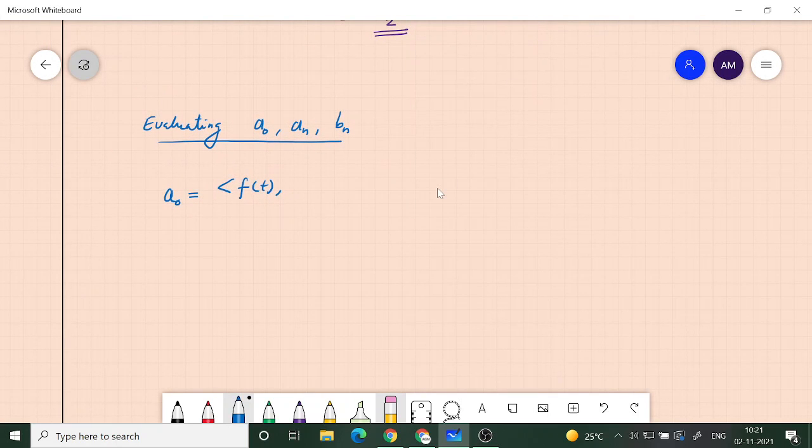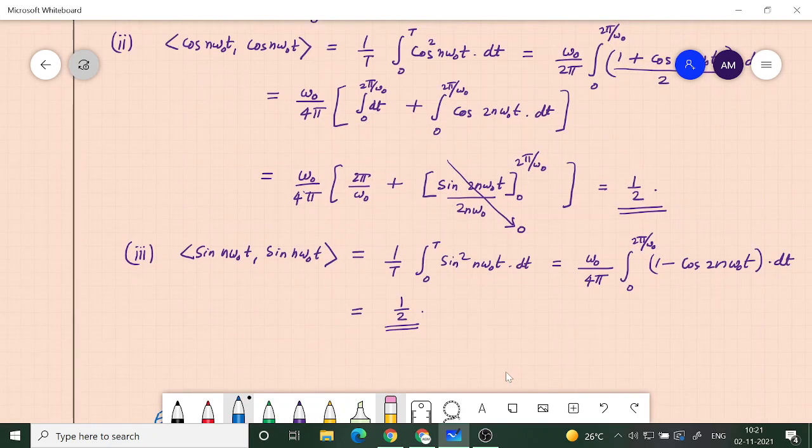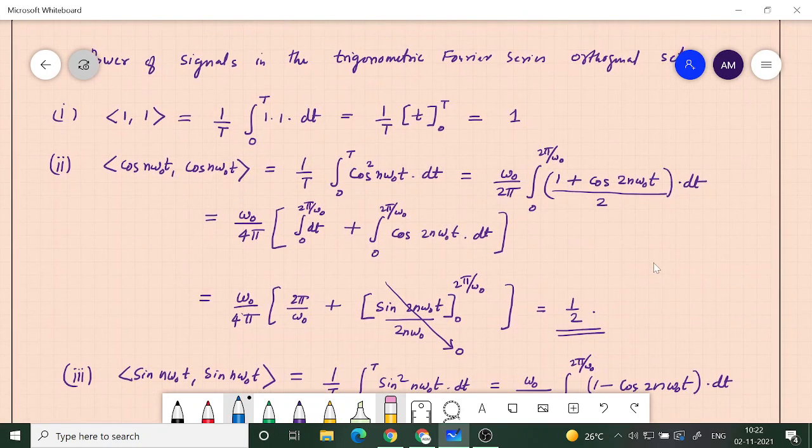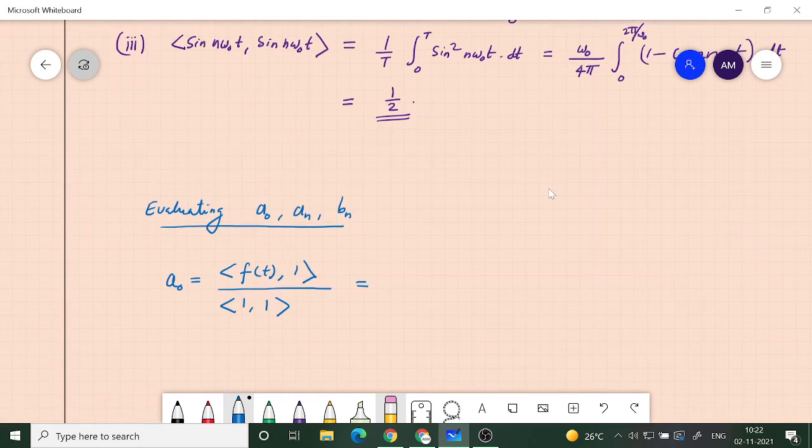So f of t inner product with what? What should I write here? 1. Divided by what? 1 inner product 1, which we have already found out. 1 inner product 1 is obtained as 1, right?